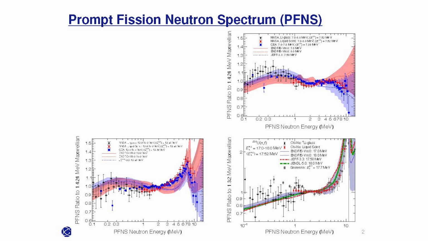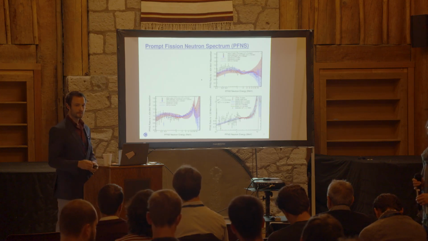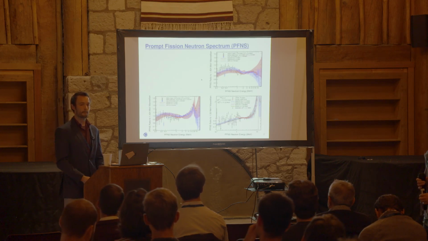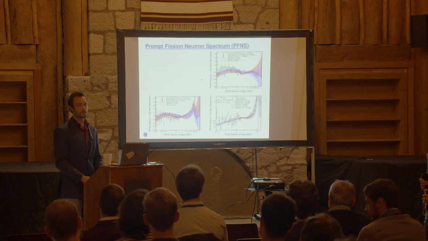Yes, question? So, apart from the neutron differences of these second chance and the pre-equilibrium, I guess that the excitation energy that you leave the compound nucleus with will be different, no? Yeah, the different processes.